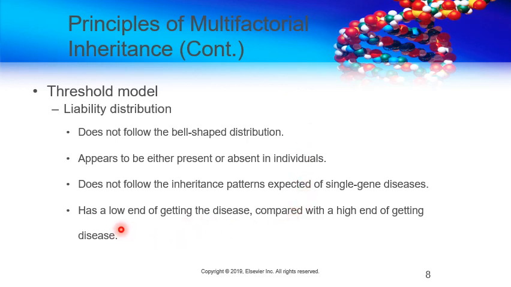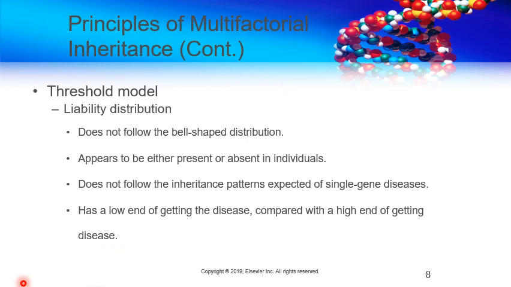And when you think about the bell curve, and there's a picture on the next couple of slides, you have the low end of getting the disease compared with the high end of getting the disease. So it's almost like when it reaches a threshold, then the person gets the disease. That's what it seems like.